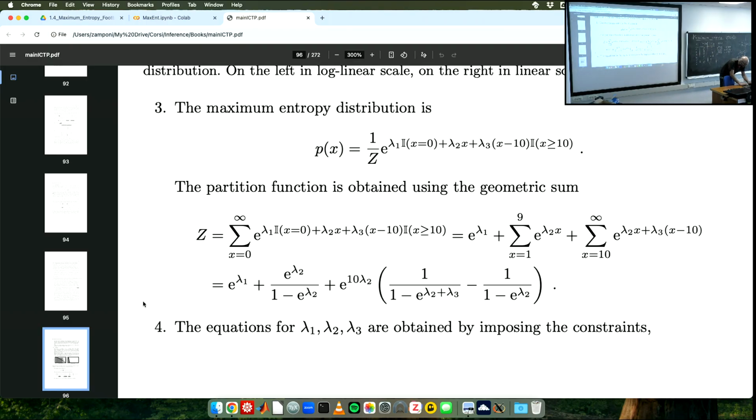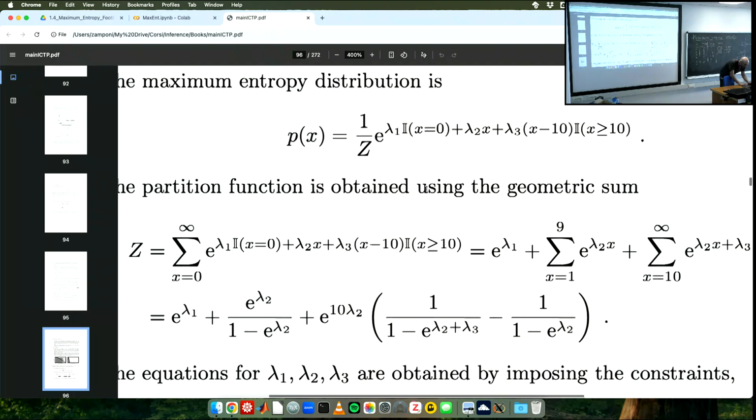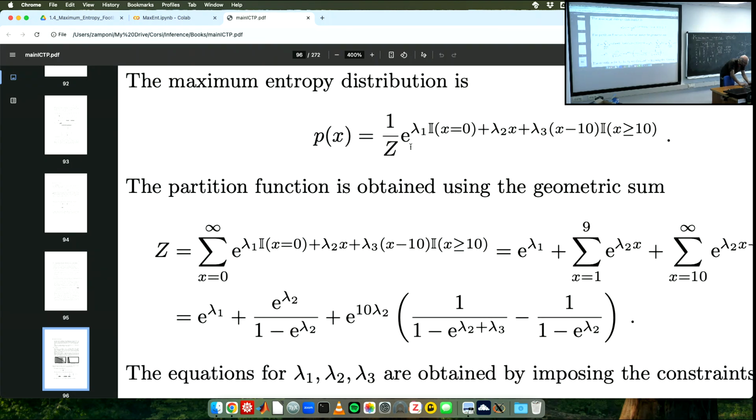I don't know if you can read, but the maximum entropy distribution, as I was saying, is the exponential of a linear combination of your constraints. So the constraints are the indicator function of 0 goals, the average, which is x, and then the indicator function of more than 10 multiplied by x minus 10.